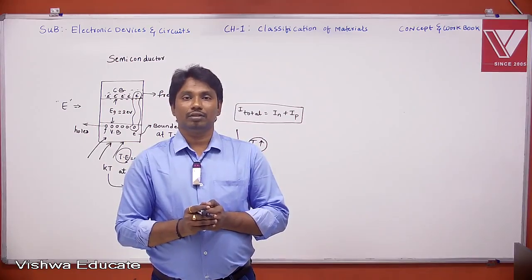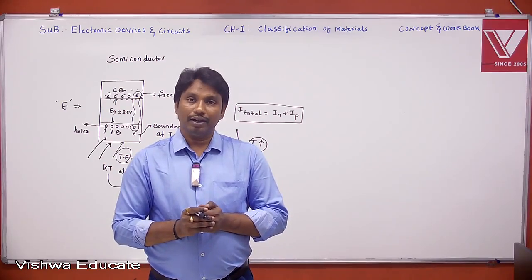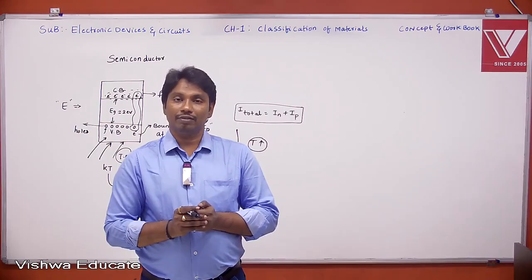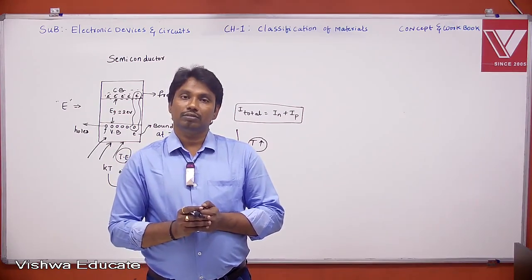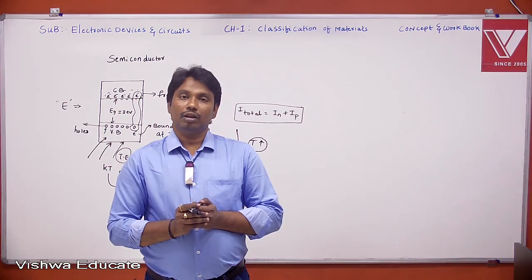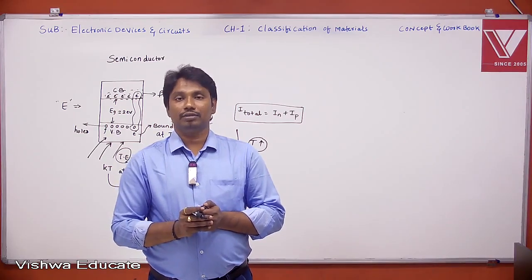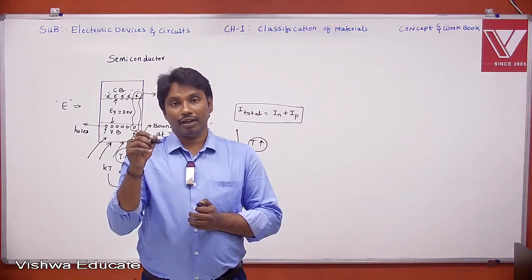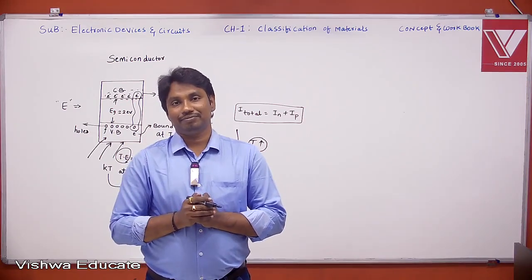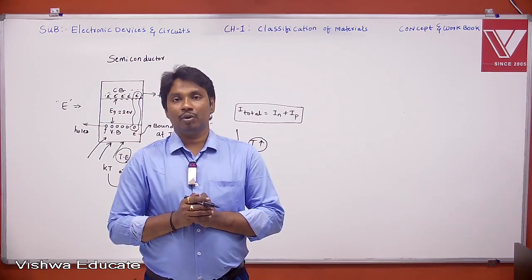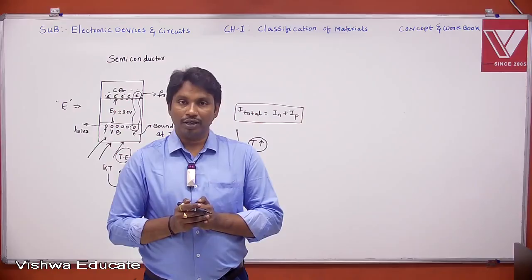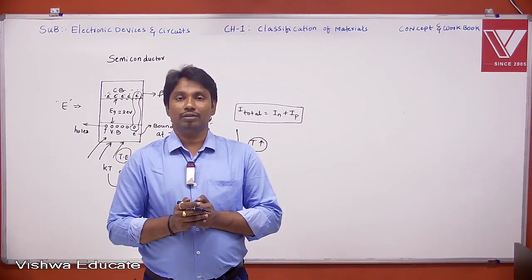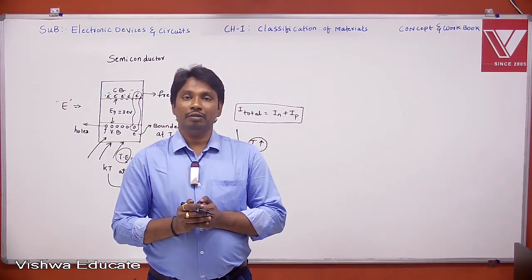Similarly, due to the applied external electric field, electrons move in the valency band, in bracket bounded electrons, and produce a hole current, in bracket IP.